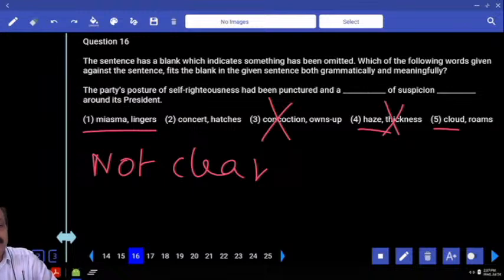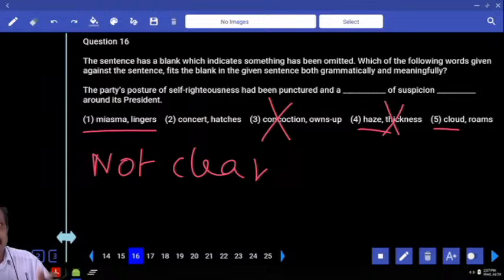The party's posture of self-righteousness had been punctured and something negative, a fog of suspicion, cloud of suspicion. Seems right or wrong? It can be used, not literal meaning, contextually speaking. And lingers around its president. That is the right word to be used, meaning it hasn't gone, it is still there.